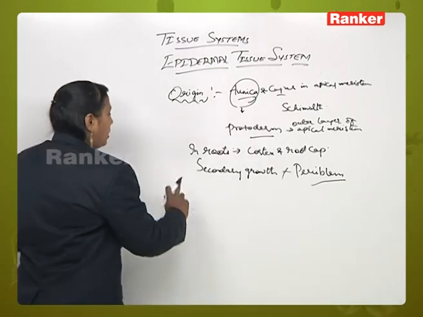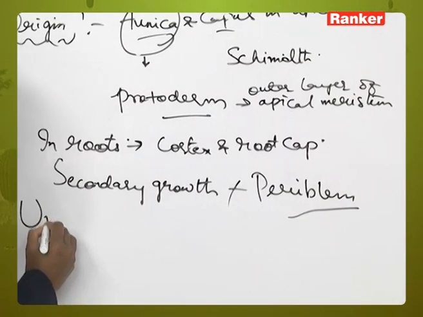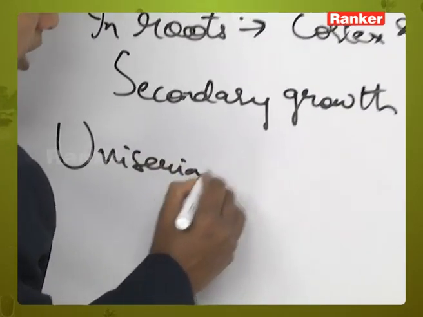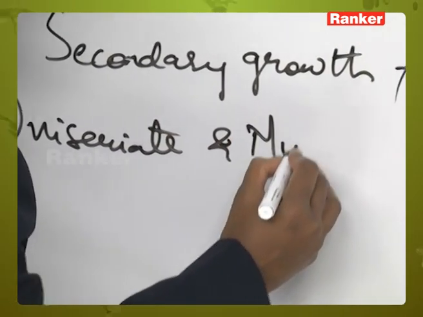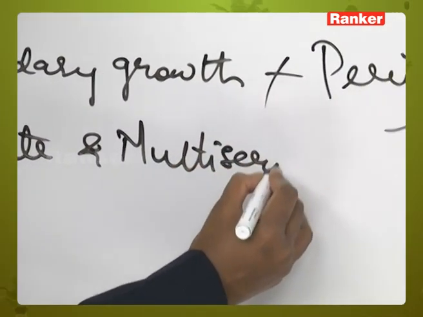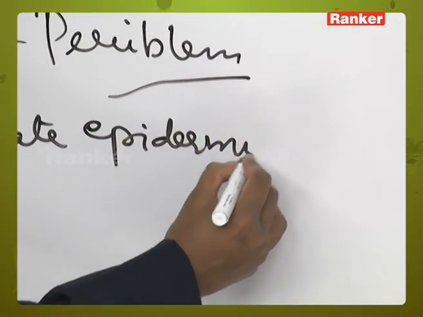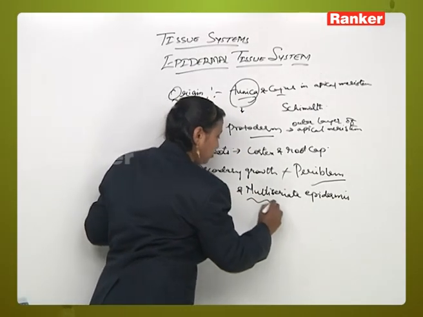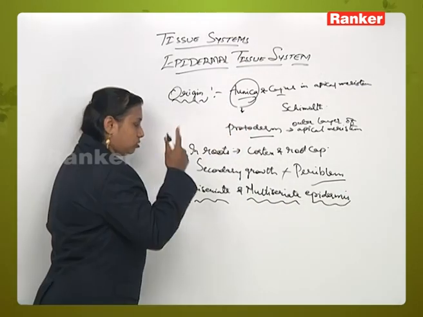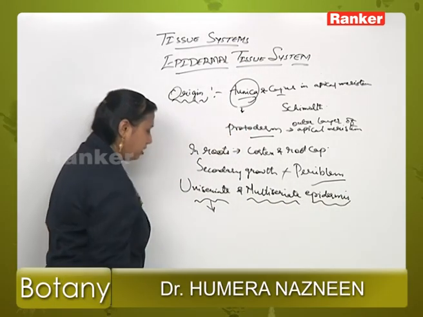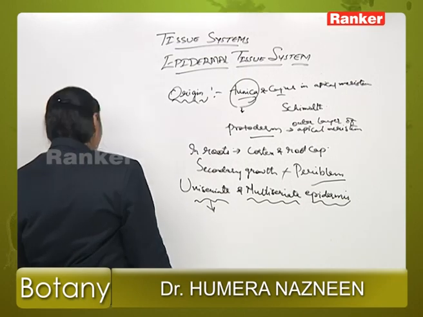Now, there are two types of epidermis, called uniseriate and multiseriate epidermis. First, what is uniseriate epidermis?